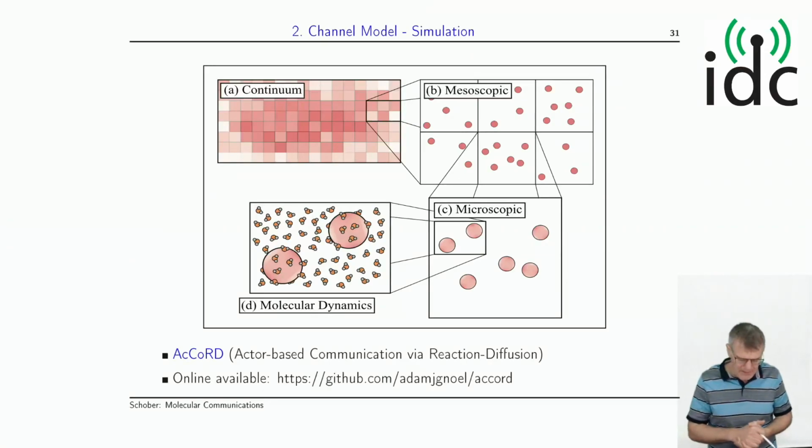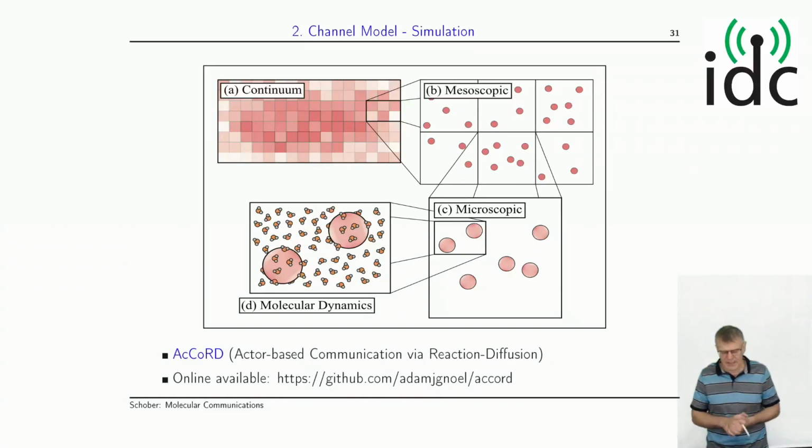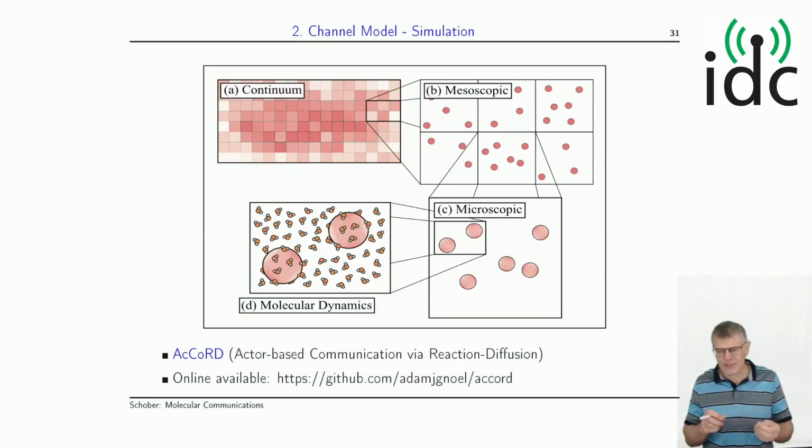The last one is the molecular dynamics simulation. This molecular dynamics simulation is a very accurate simulation that actually also simulates the forces between particles. So we don't just simulate them as a point, but we model every element of the particle.